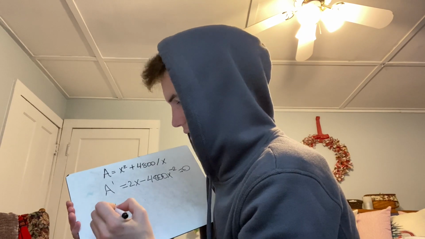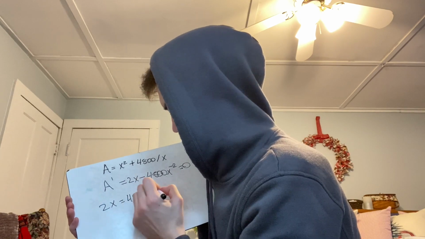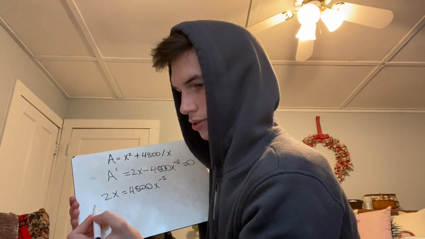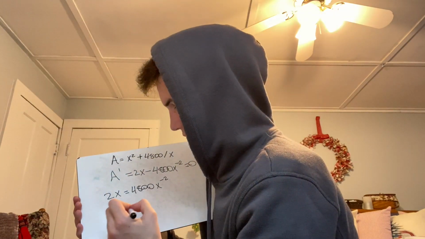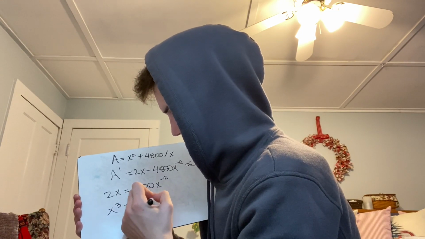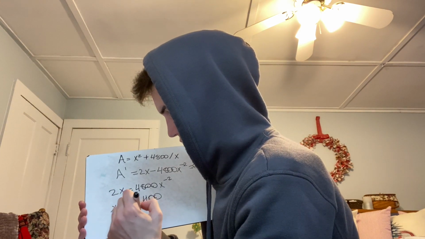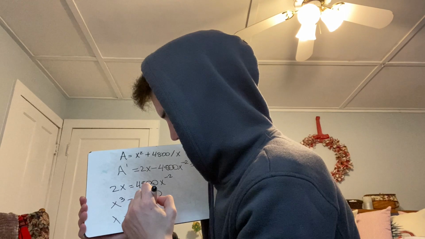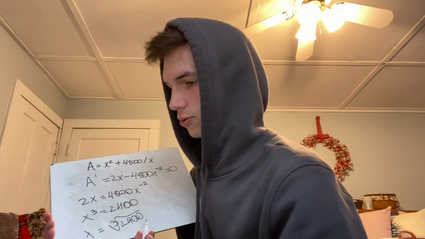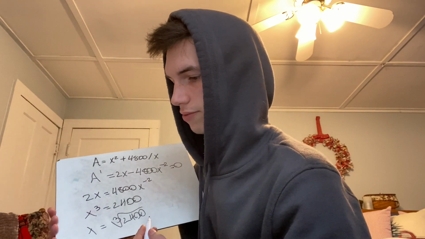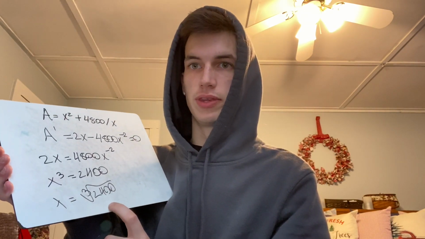So 2x equals 4,800 x to the negative second power, and this gives x cubed equals 2,400. So then we know that x equals the cube root of 2,400. If we want to go into decimal form, this is equal to 13.38659. This x value is also the optimized dimension of the base.